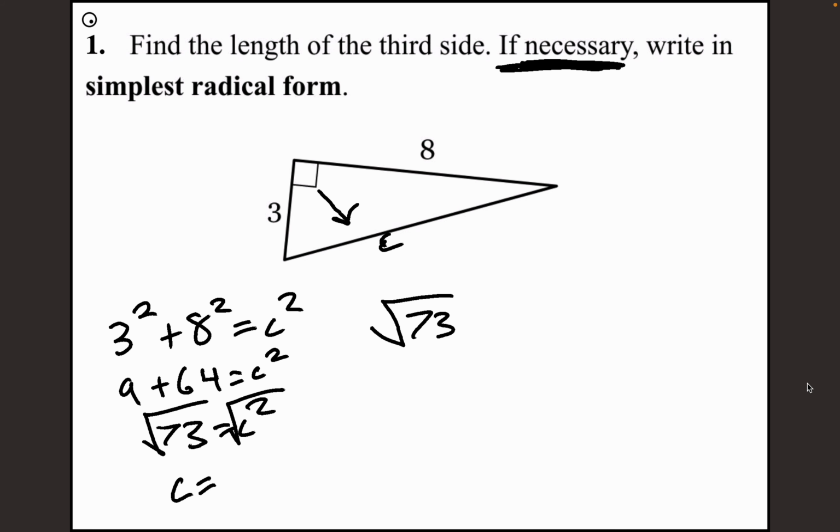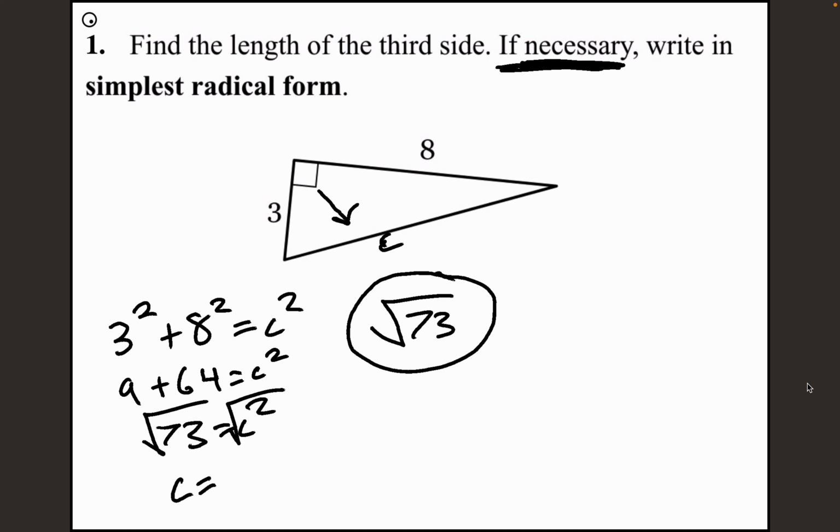Okay, let's try 16. Again, doesn't come out as a whole number. Now try 25. Still not a whole number. Now we gotta try 36. Again, not a whole number. And if you check the other options, they do not come out as whole numbers. So the square root of 73 cannot be simplified.